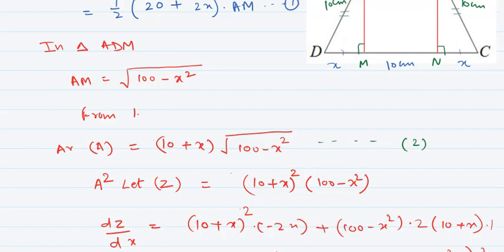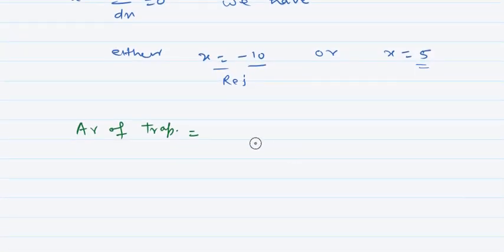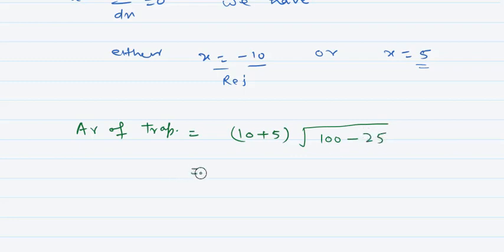So it is 10 plus x, where x is 5, into square root of 100 minus x square, which is 25. So clearly you are getting 15 into square root of 75, which will give you 75 root 3 centimeter square as the area. One part we have calculated.